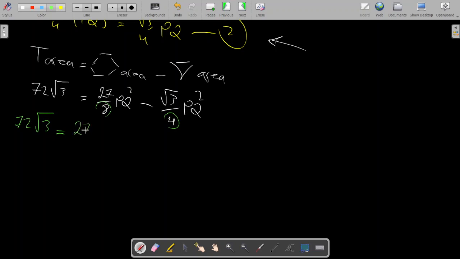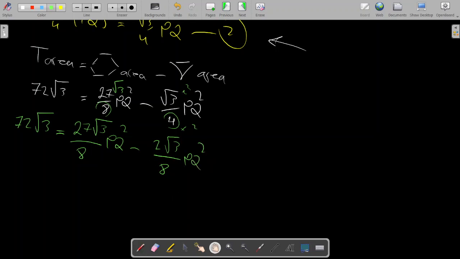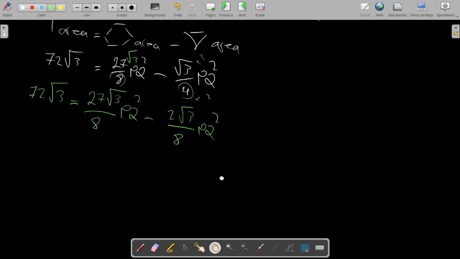So it's going to be equal to 27 square root of 3 over 8 PQ square minus, and we said that we're going to unify the denominator, so we're going to multiply these by 2, so it's going to be equal to 2 square root of 3 over 8 PQ square. So we can have something to subtract from each other.